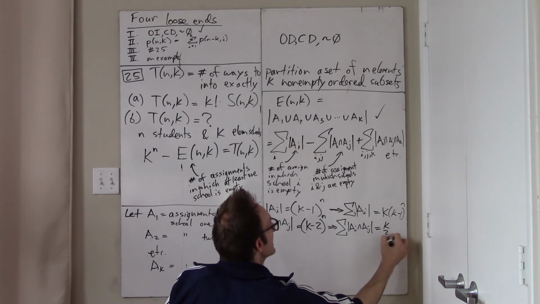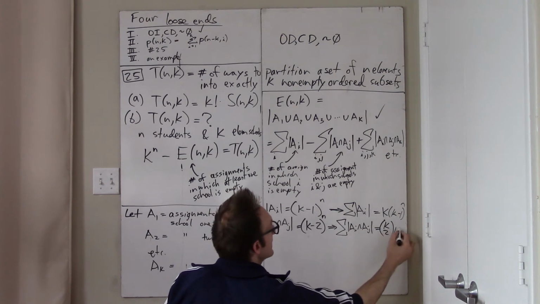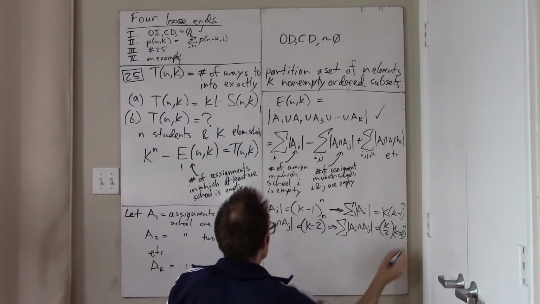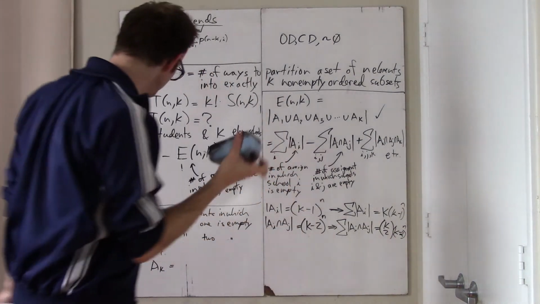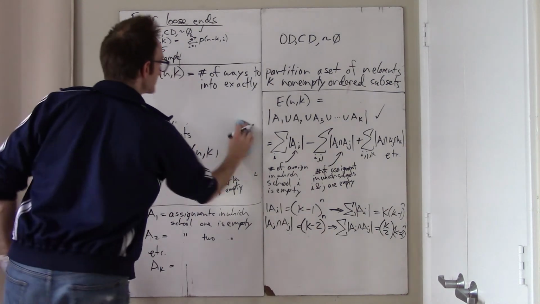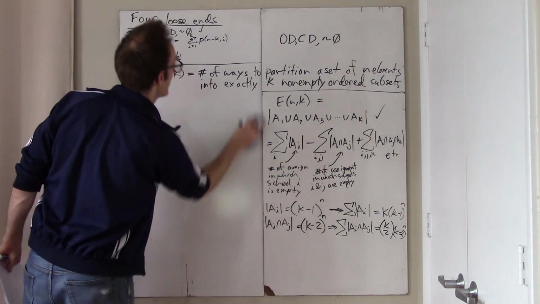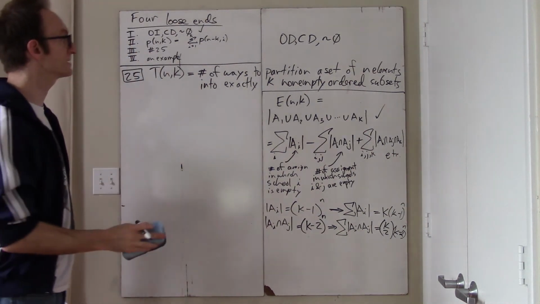So that's where you get k choose 2 times (k minus 2) to the n. This is so frustrating. I'm going to give myself more room somehow here, by erasing important things.